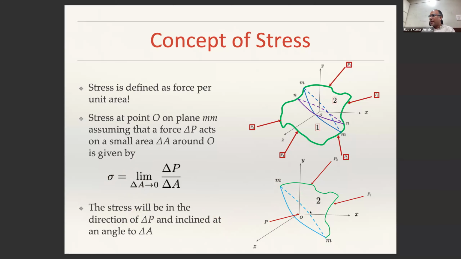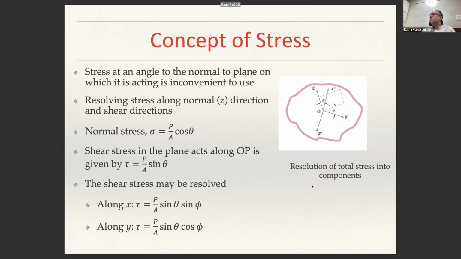So that is why area is a vector. That is why usually this delta P is inclined at an angle theta from the area. And that results in the components called normal stress and shear stress.